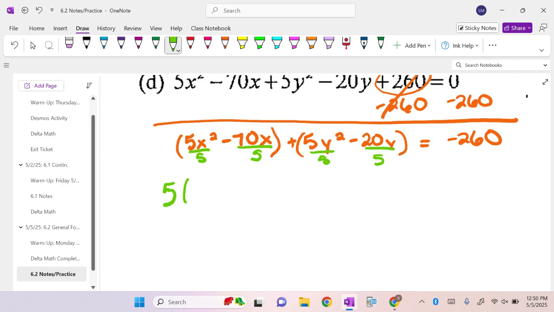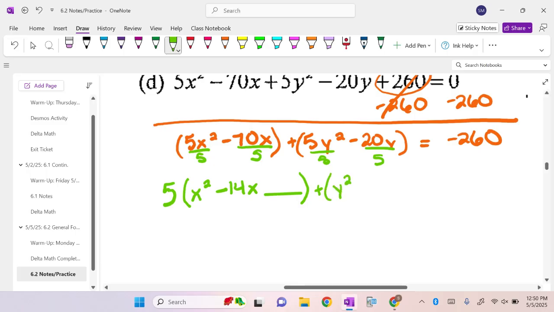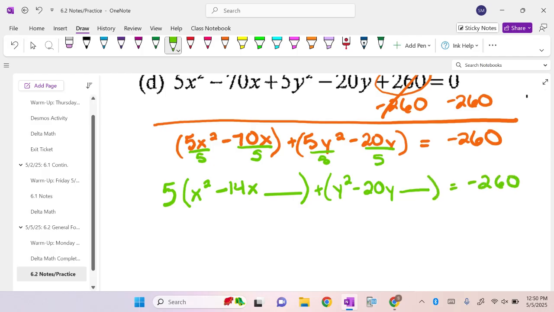And we now have x squared minus 14x, I'm going to leave a big space, plus, so I'm still factoring the 5 out of here, but it's going all the way over here, plus y squared minus 20y, big space, is equal to negative 260.